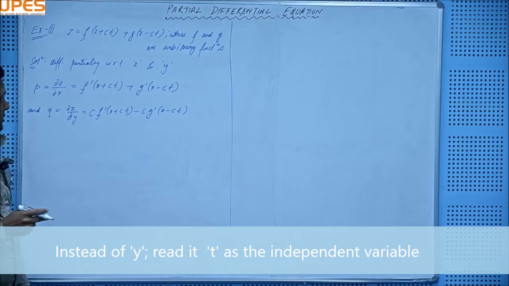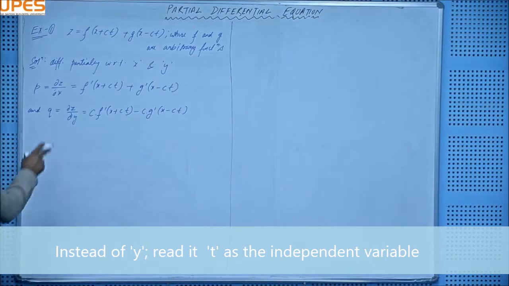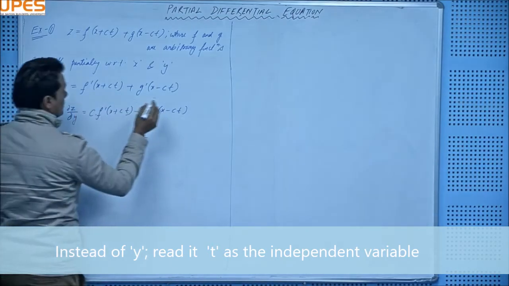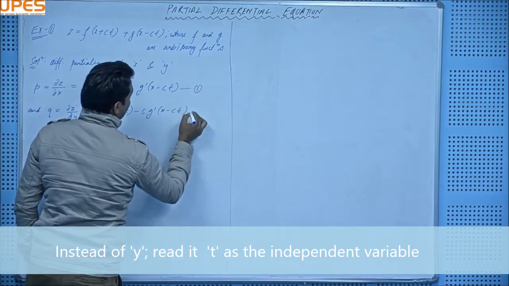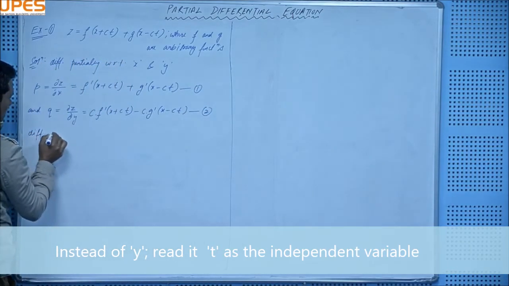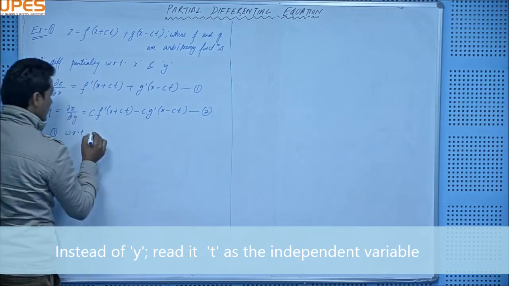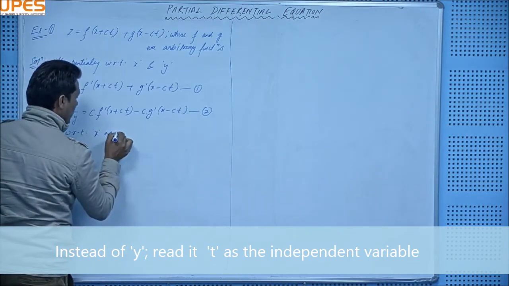Now I have differentiated it once, and I know that the differential equation will be of order 2. So I will differentiate this again, right? Let this be equation number 1 and let this be 2. Differentiate first with respect to x again.